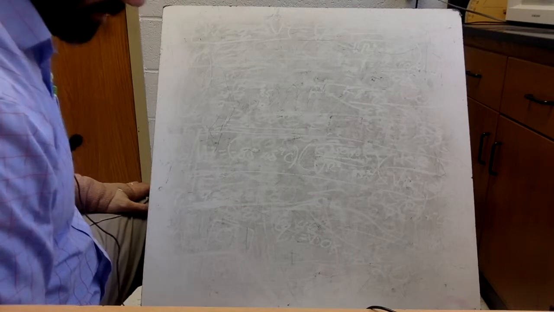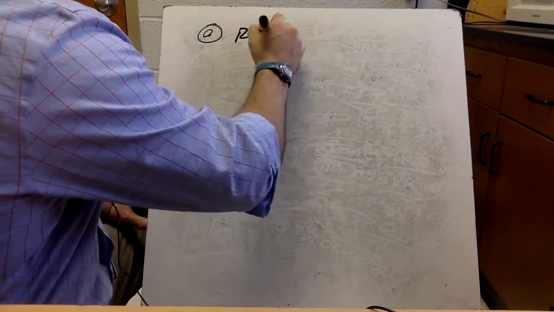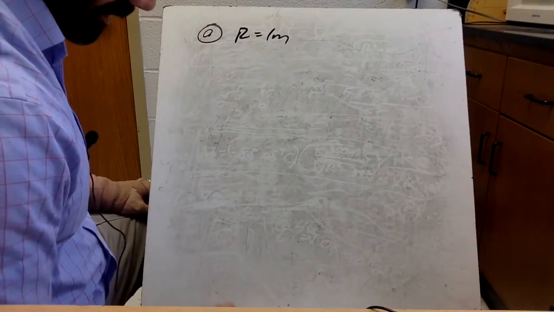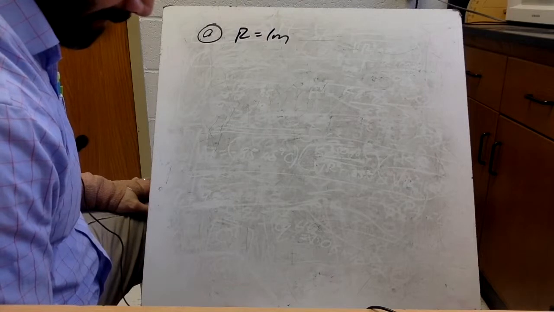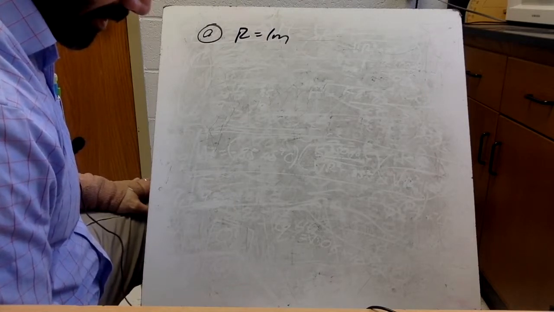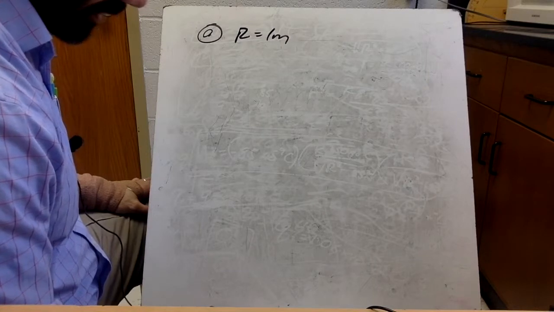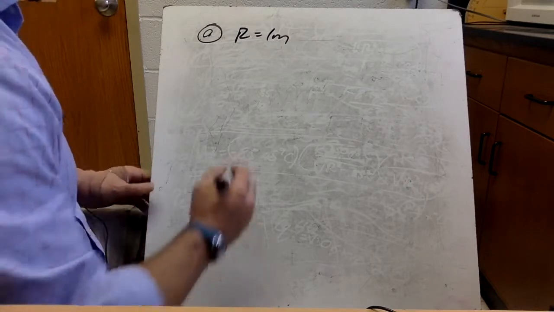The first thing, part A, says from the graphs find the radius. Well, the radius is 1 meter. That's not so hard to see because that's where you can see the change takes place. For part B, it says from E versus R determine the charge on the conductor or shell, because it could be a conductor or a shell. We don't know.